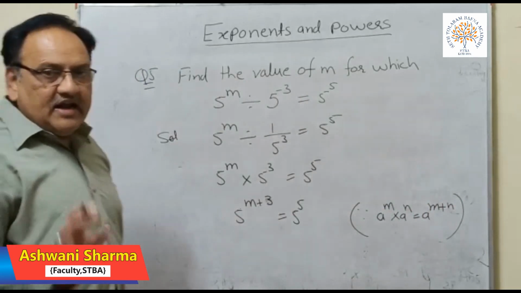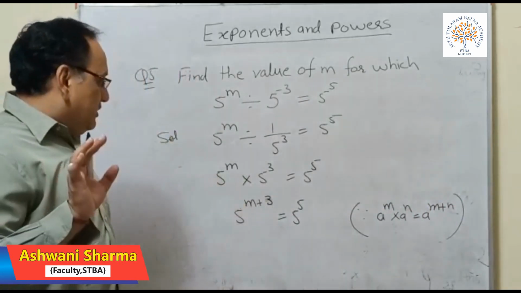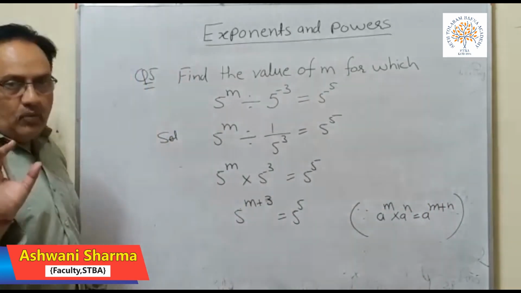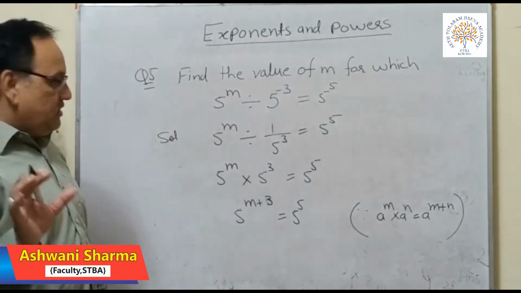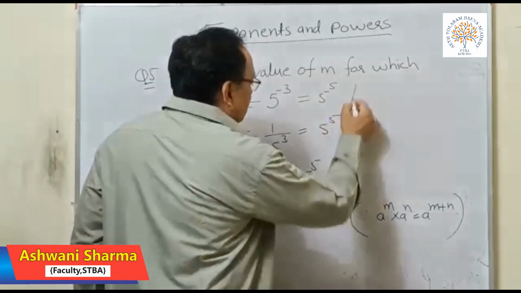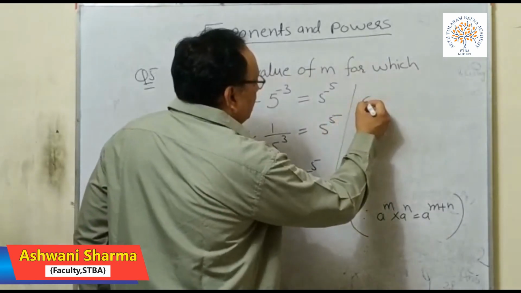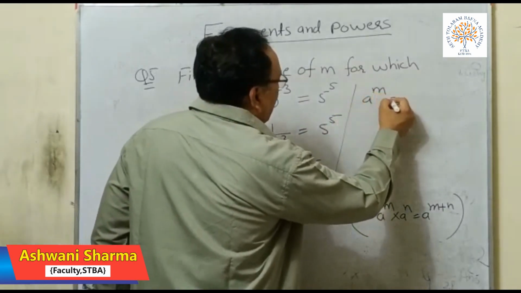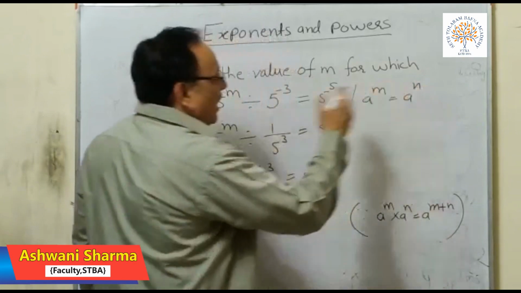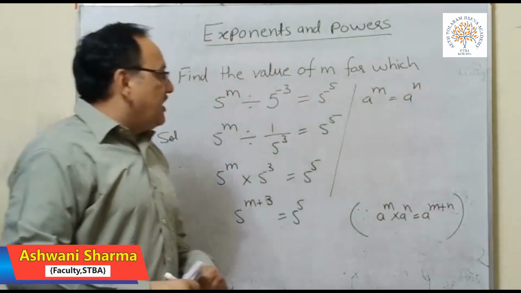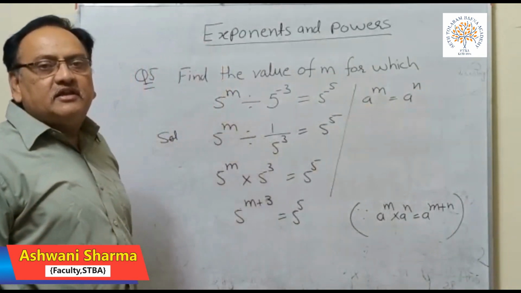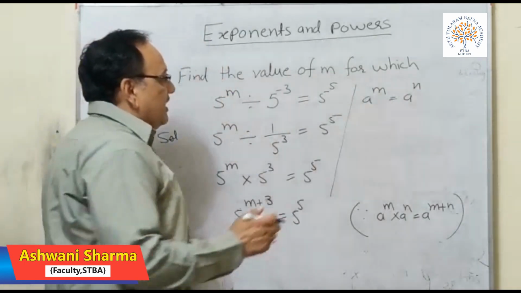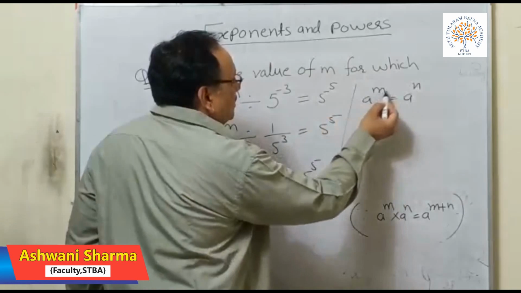Now, I had told you the main property, if the bases are same. Here I am telling you, if the bases are same and the powers are different and the sign between them is equals to, then their powers are also the same.